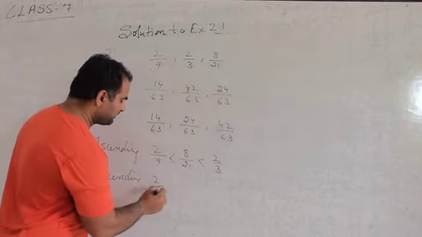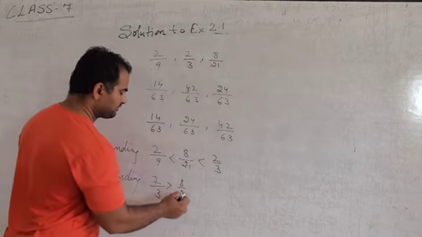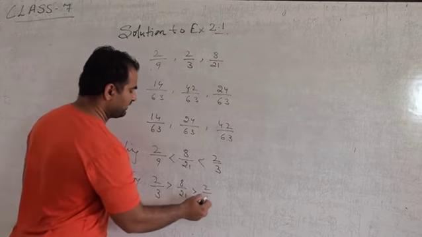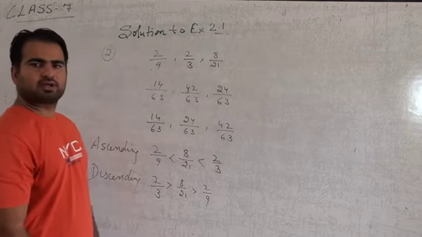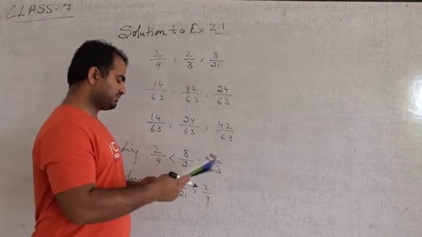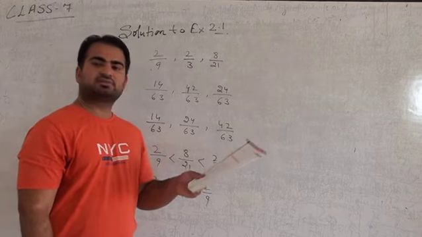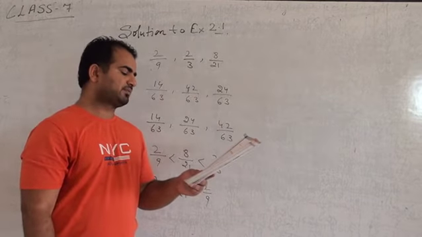So it will be 2 by 3. Then the smaller one, it will be 8 by 21. And then the smallest, it will be 2 by 9. Done? That is our question number 2. First, you have to complete question number 2.